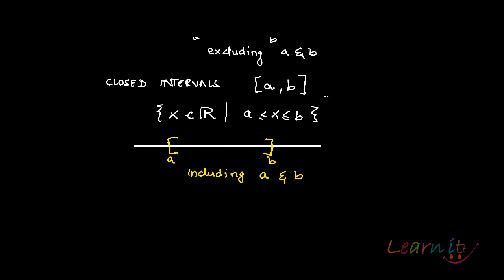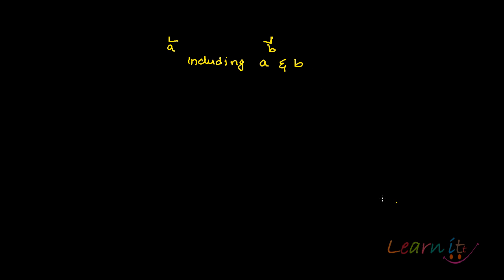So a closed interval includes the endpoints. A and B are the endpoints of this interval, and a closed interval includes the endpoints. An open interval will not include the endpoints. Now, similar to these two, we can also have combinations of these intervals.